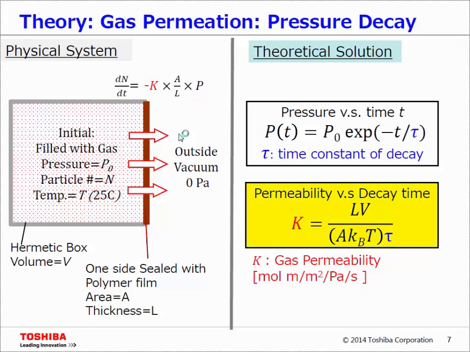As a result, the pressure against time should follow an exponential decay law. The time decay constant has its relation with the gas permeability K in this way. This formula tells us that once you can measure the time decay constant, you can calculate the gas permeability from other geometric parameters.